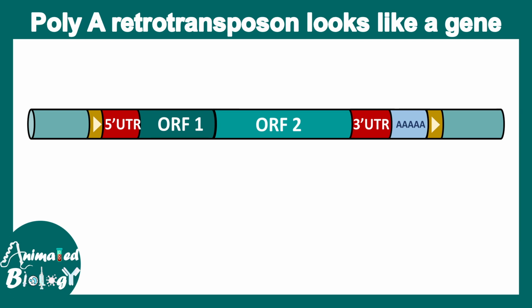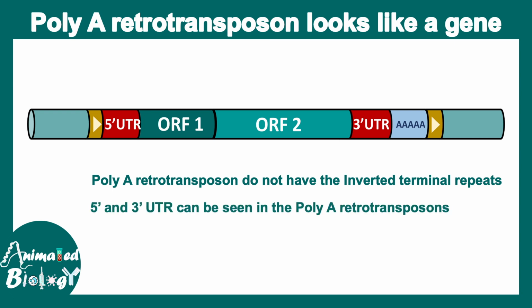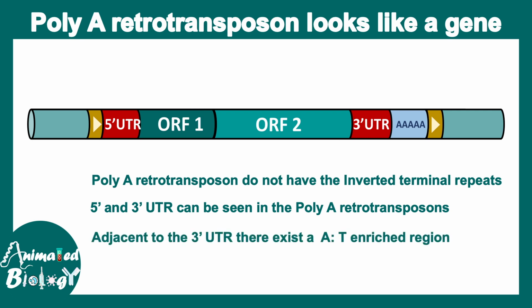Now let us look at the overall structure of the retrotransposon, and they look like a gene because they have a poly-A tail. The 5' and 3' UTRs are common between any eukaryotic gene and these poly-A retrotransposons. Adjacent to the 3' UTR, the most striking thing is they have an AT-rich region which very much resembles the poly-A tail of the eukaryotic mRNA.